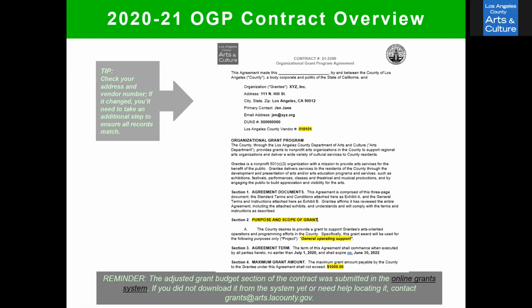And so we wanted to make sure everything was as flexible as possible for you all during this time. So luckily, our director allowed us to change this project scope to general operating support, meaning you have total flexibility to change the way that you're using the funding.